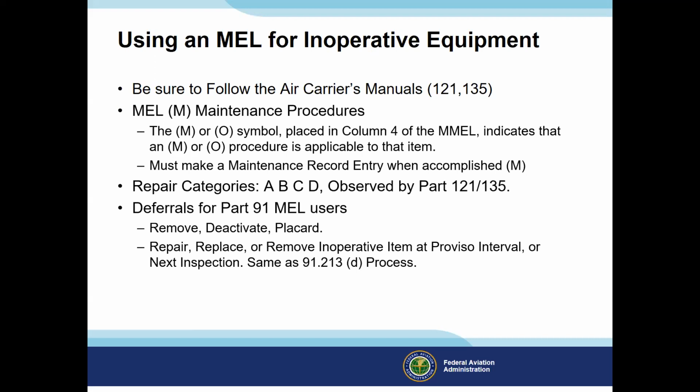The repair categories A, B, C, and D must be observed by Part 121, 135 operators. And as stated earlier, those operators can request an extension for some of those categories if they're going to be exceeded.